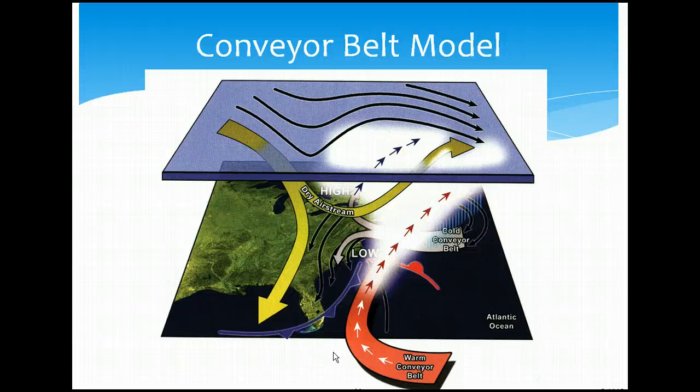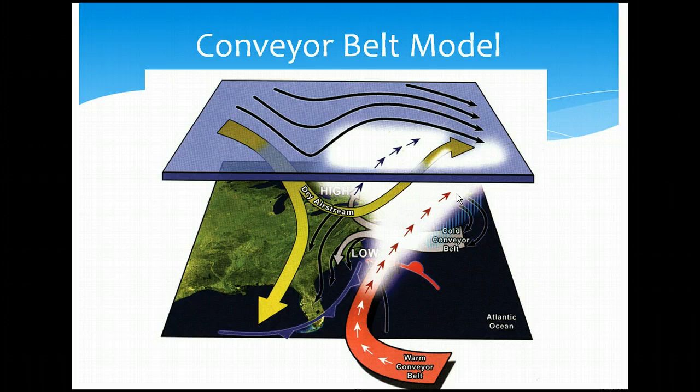In the conveyor belt model, a warm airstream originates in the cyclone's warm sector and follows the warm side of the cold front near the Earth's surface, south and east of the storm center. Typically, this warm, humid air ascends slightly as it flows northward in the cyclone's warm sector at low levels.